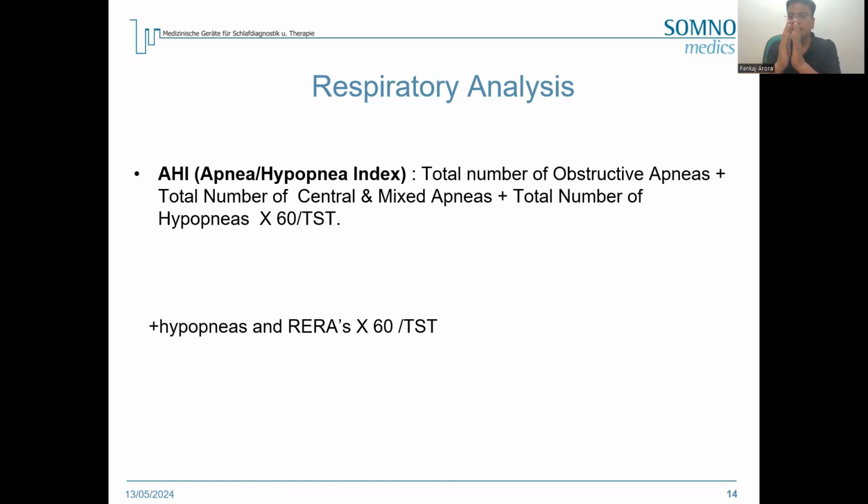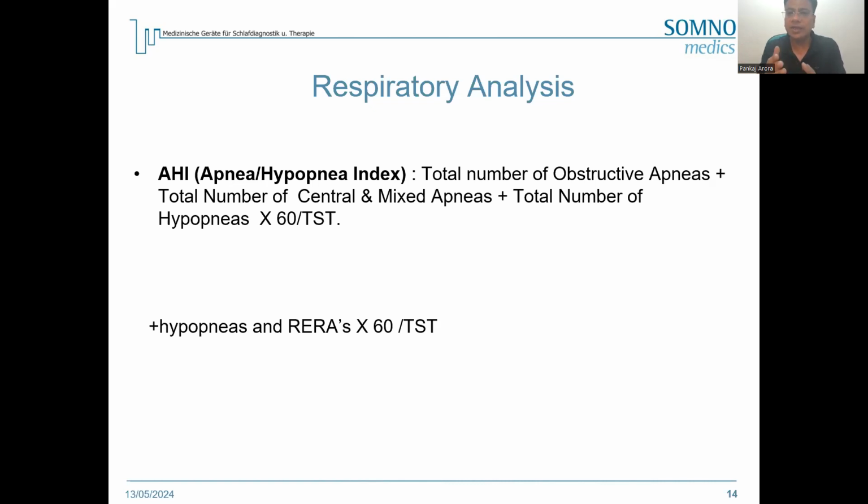For example, the air was going at a volume of 100 ml and now it is going at 70 ml. So with a 30% reduction in the volume, but with a desaturation of 3%, it is called hypopnea. And obstructive apnea, I already told you, is complete cessation of flow.